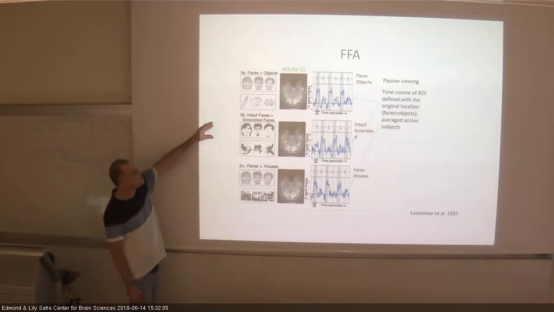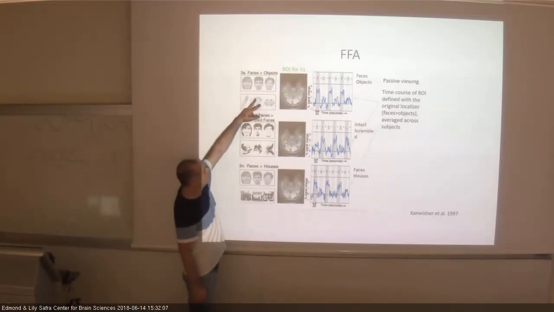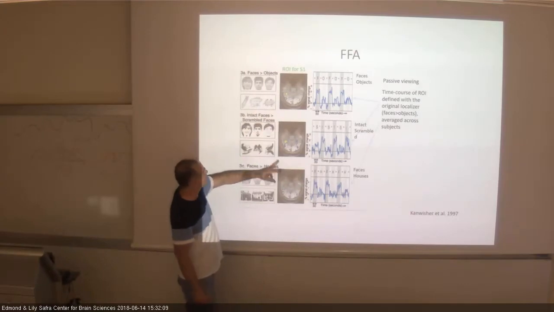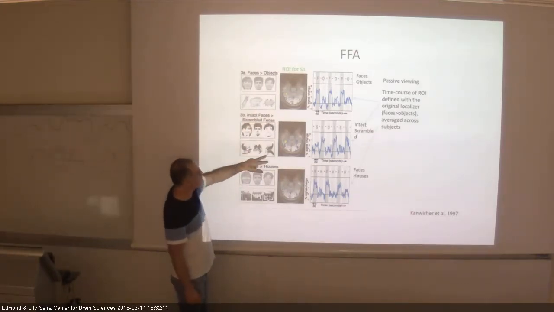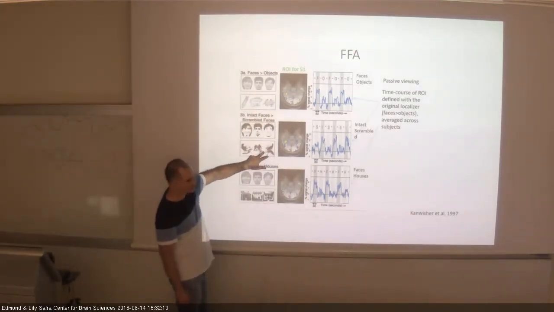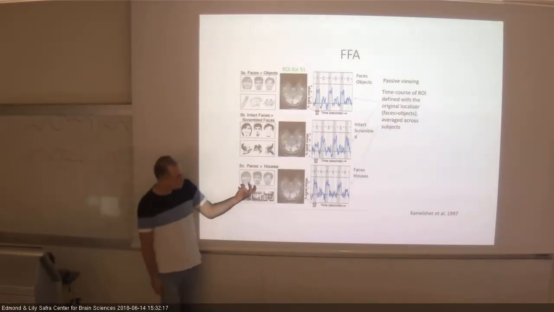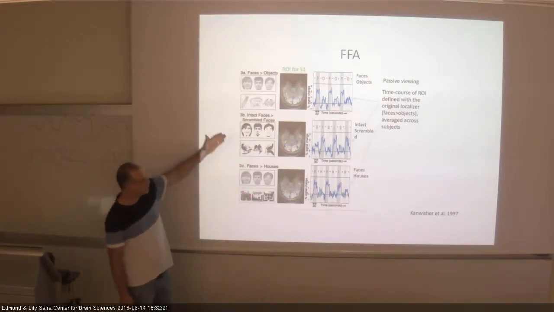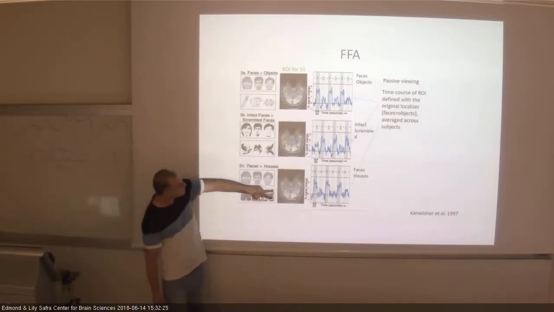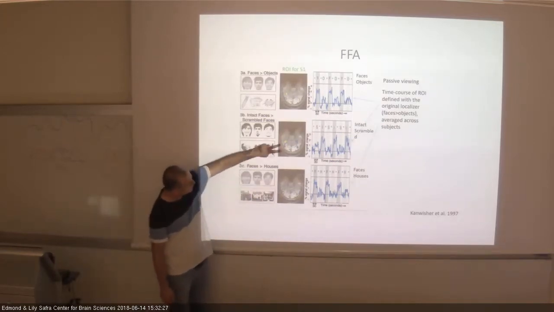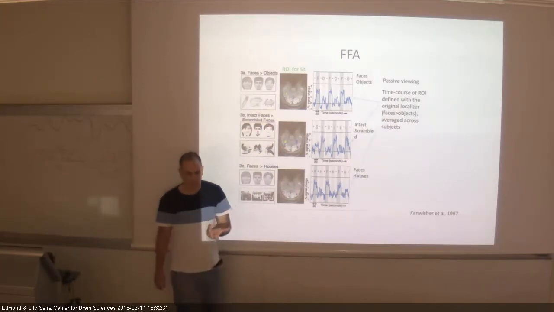What they did here is compare activation of faces versus objects, faces versus scrambled images of the same faces, and faces versus houses, in slices along the fusiform gyrus, showing clusters of activation. What you can see, I hope, is that there is correspondence between the results, but there are some differences.